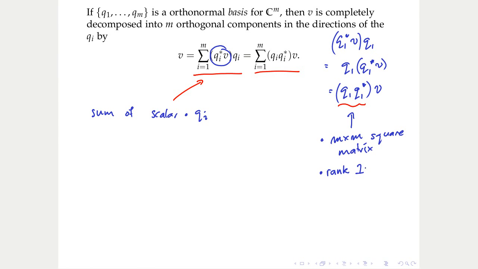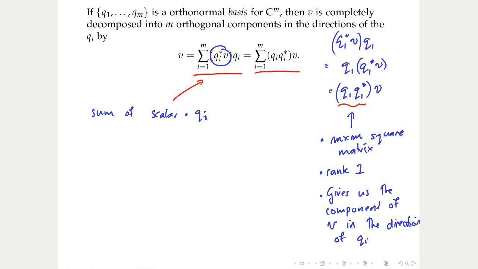So that's a rank 1 square matrix, and that gives us the component of v in the direction of q1. Okay, so that's really neat. So we've got a matrix now that when we multiply by v, it gives us the component of v in the direction of one of our vectors.